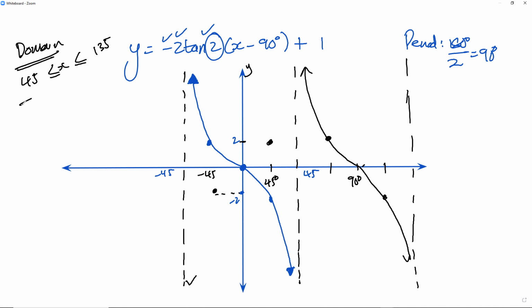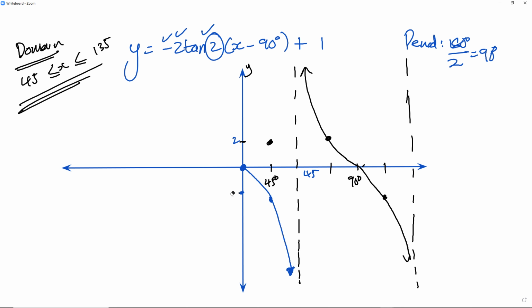If they tell you that that's the domain, then the first graph is not what we need. We need to erase it. We need to only show the shifted one. Or even if I shift it, it will map it onto itself anyway. So that is the actual domain that it would have. I've now shifted it 90.